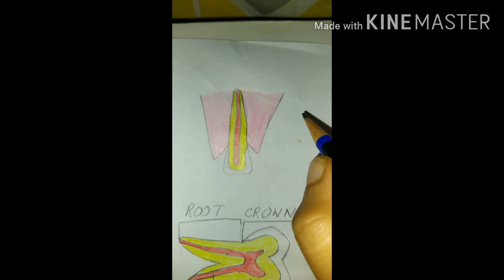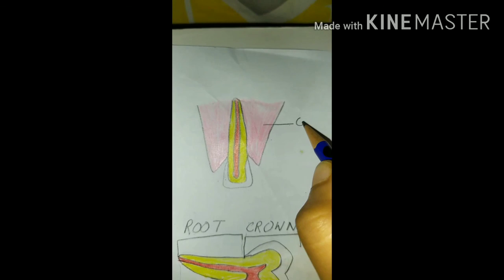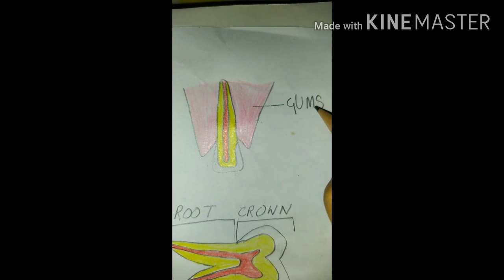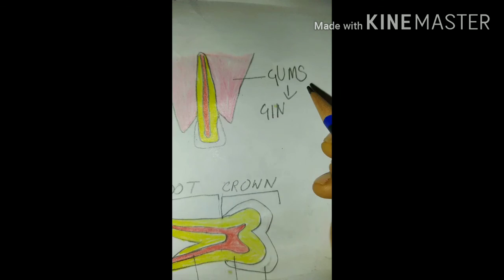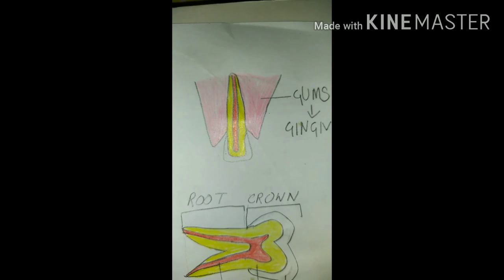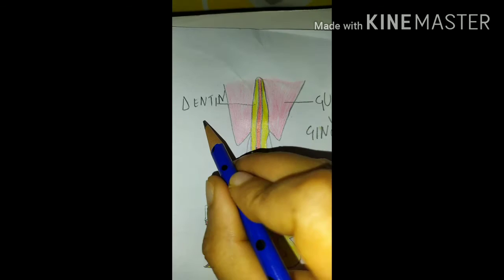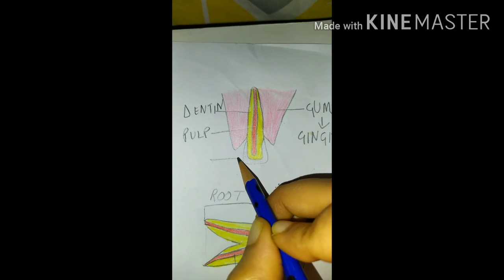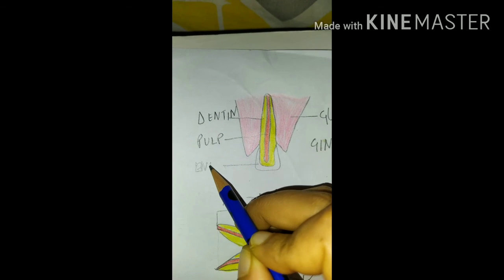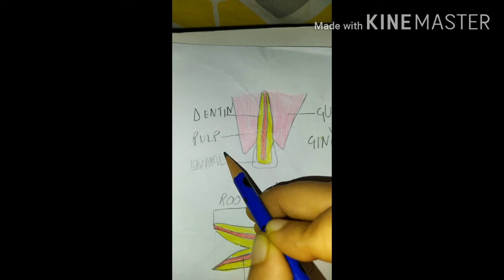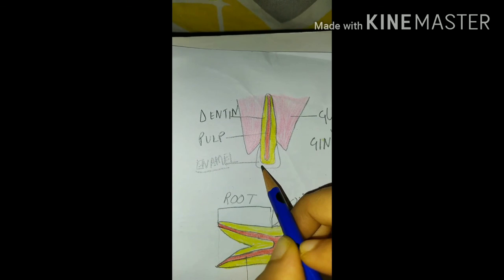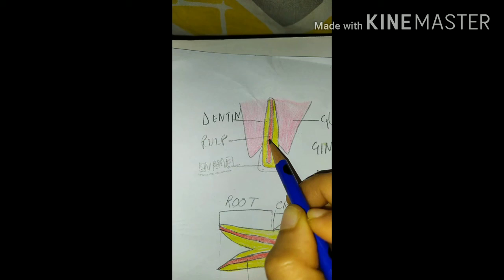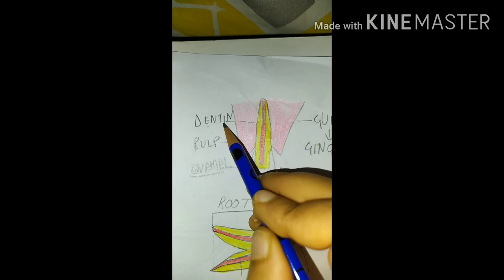You might have heard your dentist say that your gingiva is receding. That means gingiva stands for your gums. So that's your dentine, pulp, and this is your outermost layer, enamel. So dentists call gums your gingiva.